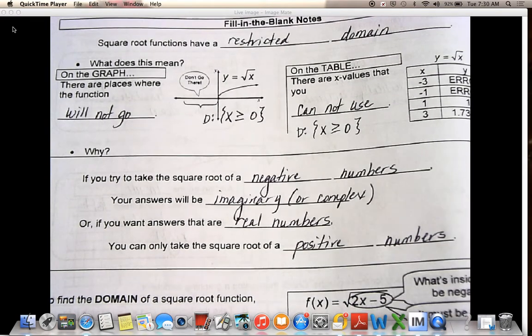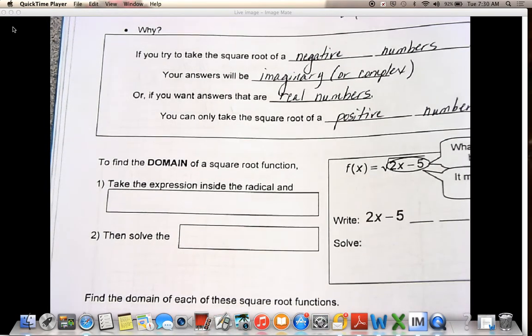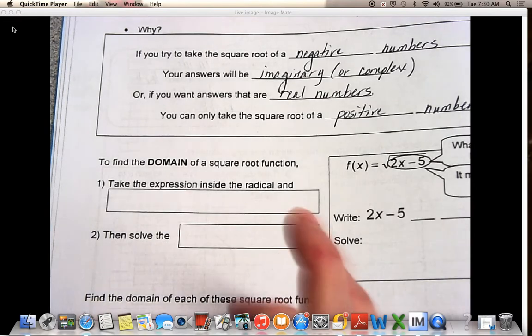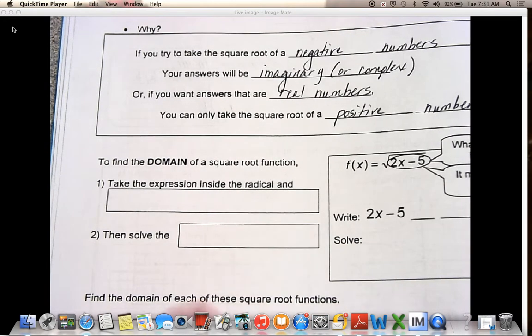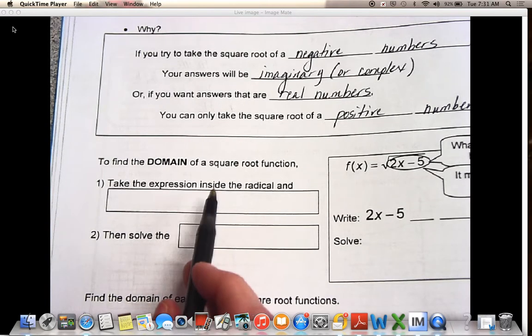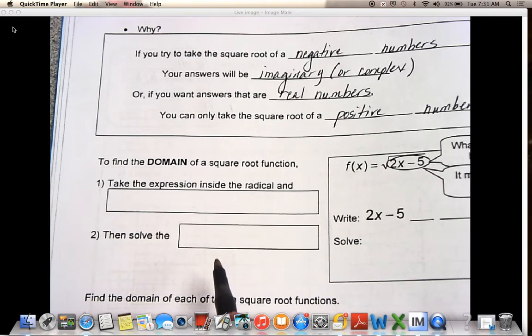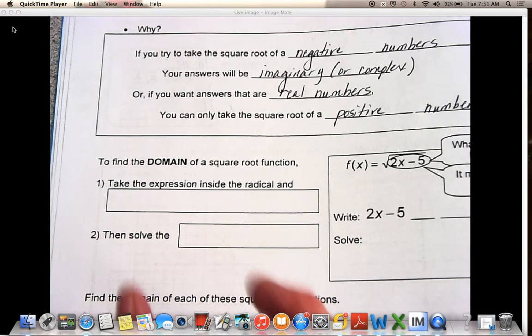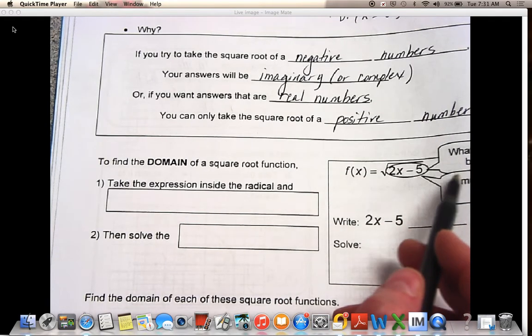So today what you're going to look at is finding the domain of square root functions. The way you're going to do that is a kind of simple process. I say simple, but it involves some algebra. You're going to take the expression that's inside the radical, only the part that's inside the radical. It doesn't matter if there's a value being multiplied in front, or if they're adding or subtracting something out here.